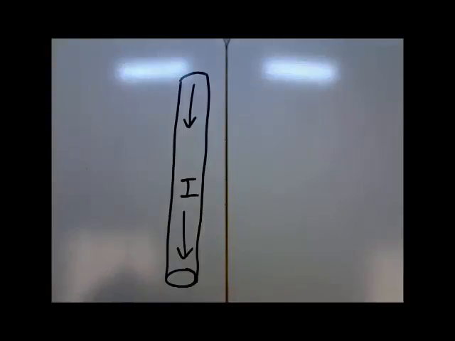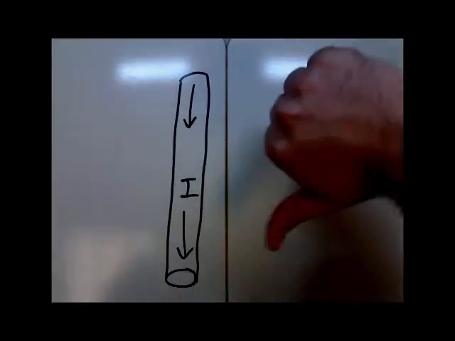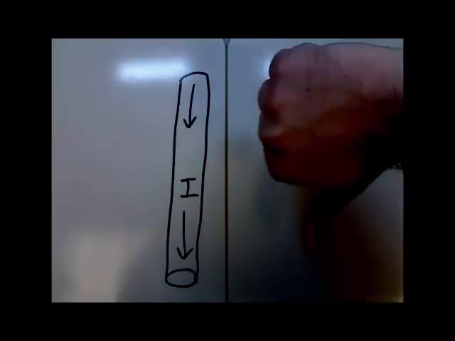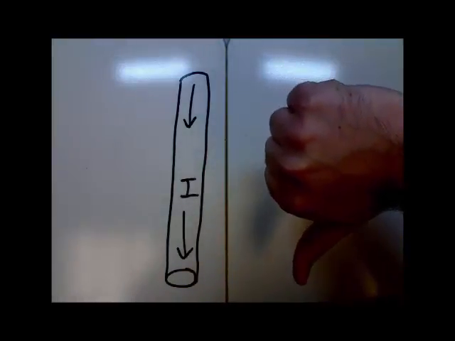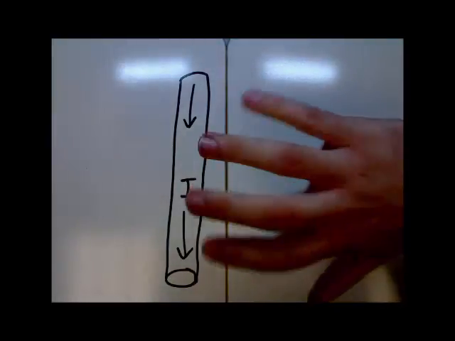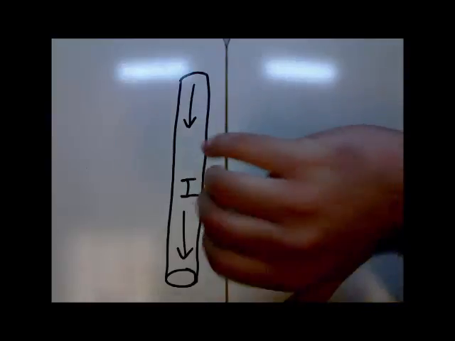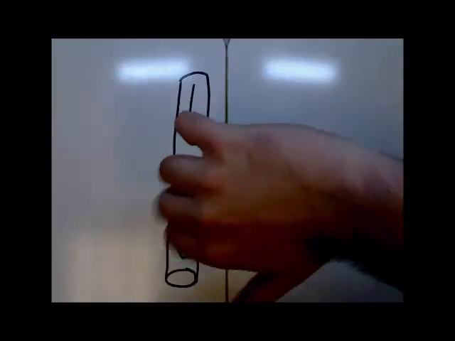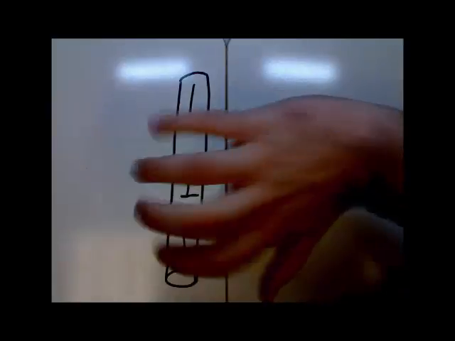Here we have another wire. In this case, the wire is oriented vertically and the current is traveling in the downward direction. So once again, we'll take the thumb of our right hand and point it in the direction that the current travels. When we do so, our fingers curve around the wire as if we were to grab it, like so.